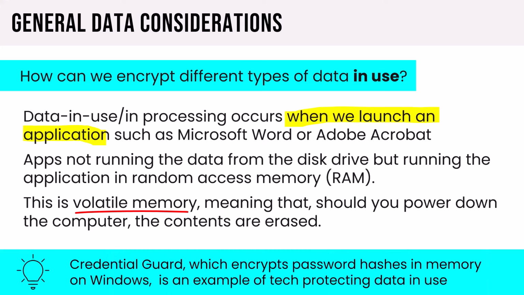So for example, Credential Guard, which encrypts password hashes in memory on Windows, is an example of technology that can protect data in use. Not the only protection, but just one of those areas we want to think about. In that particular case, the password hashes are rendered worthless because Credential Guard encrypts those. So when an attacker manages to get to those hashes in memory and dump them, they're encrypted and worthless.